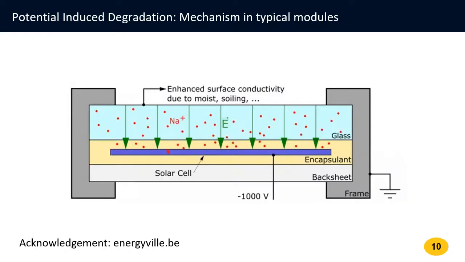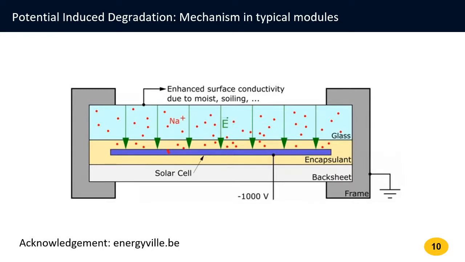So if we go to the next slide, you'll see the construction of a typical module. You'll have the frame with a glass layer, some encapsulant, a cell with an anti-reflective coating, and a backsheet. Now on the far left-hand side, as in the previous image, you'd have the most extreme voltage variation between the cell and the grounded frame of the module.